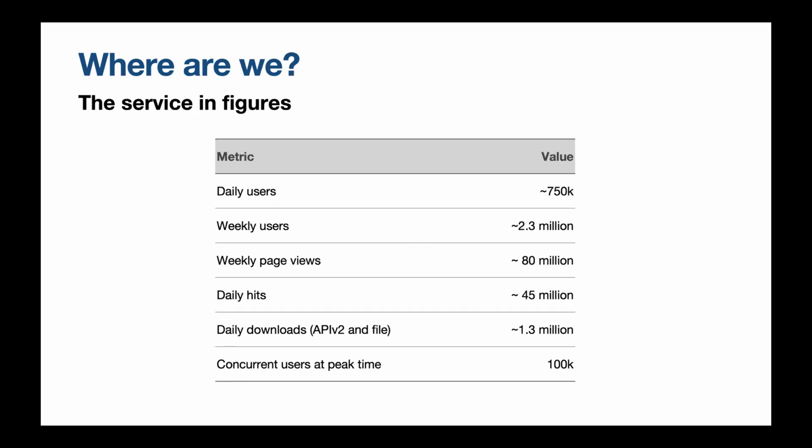That currently receives about 1.3 million requests a day for download of data. And at around 4 p.m. every day, about 100,000 users click refresh at the same time, which of course introduces certain challenges in terms of running the service, which we'll get into a bit later.